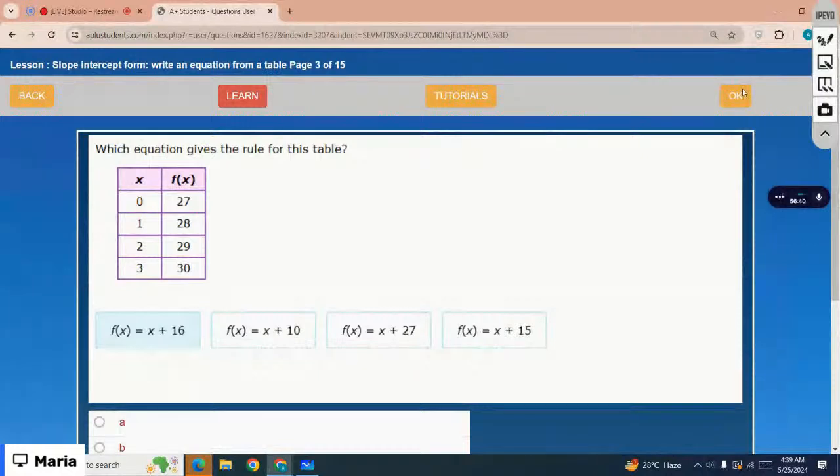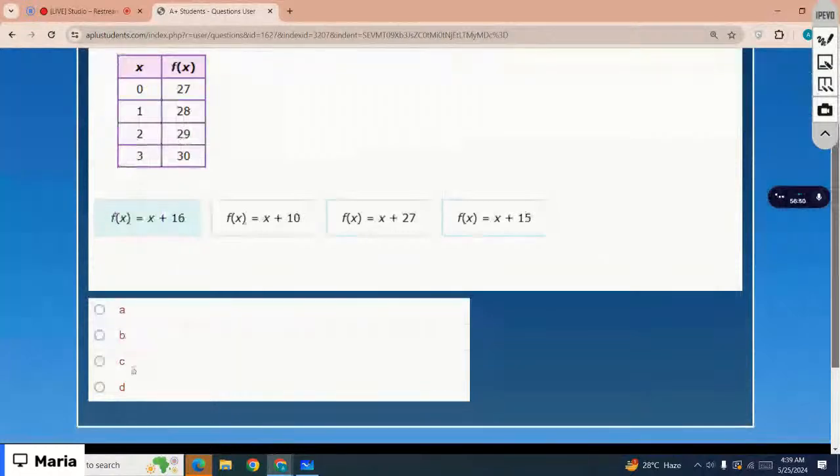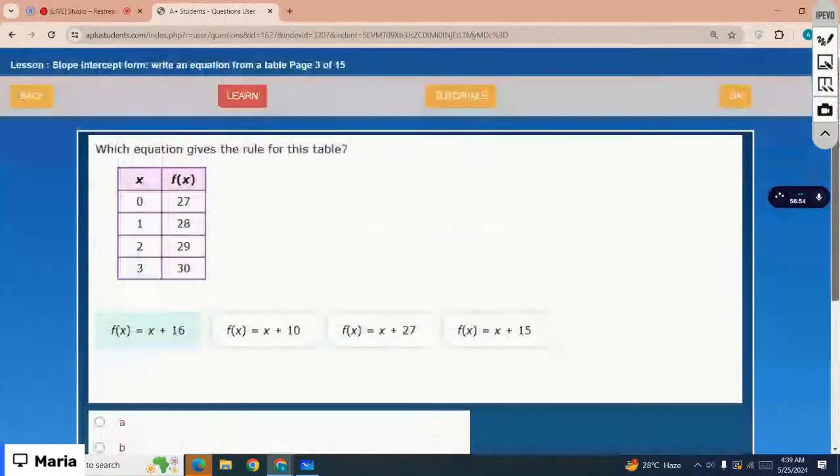The correct option is f of x equals x plus 27. Option number C is the correct option. Okay, you can complete the lesson by yourself later today.